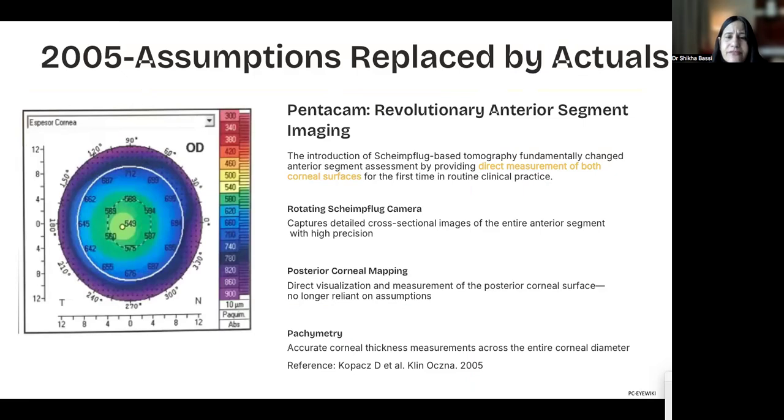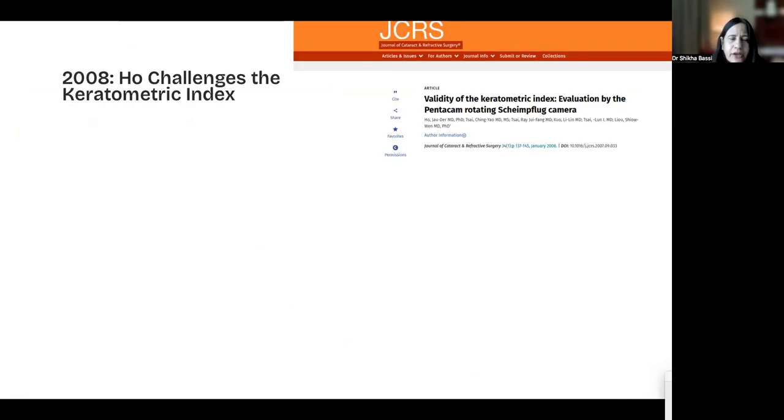In 2005, we all got the Pentacam, and here the actuals could be calculated. We can directly measure both the anterior and the posterior corneal astigmatism using a rotating Scheimpflug camera. Now, using this tool that we've got, a lot of papers came in JCRS.